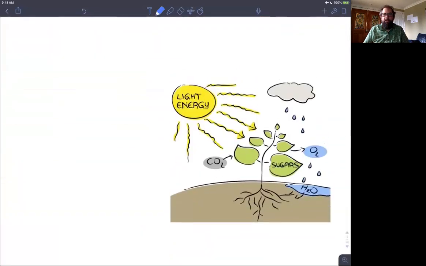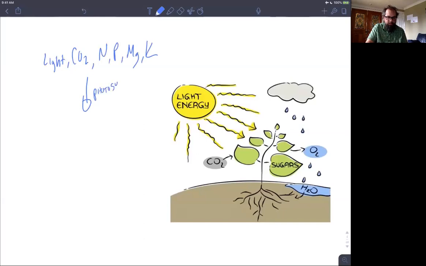And so what plants are able to do is take these diffuse resources. What are the diffuse resources that plants need? Well, plants need light. They need carbon dioxide. They need several mineral resources like nitrogen, phosphorus, magnesium, and potassium, some of those essential nutrients that plants need, and they need these to undergo the process of photosynthesis to generate macromolecules.